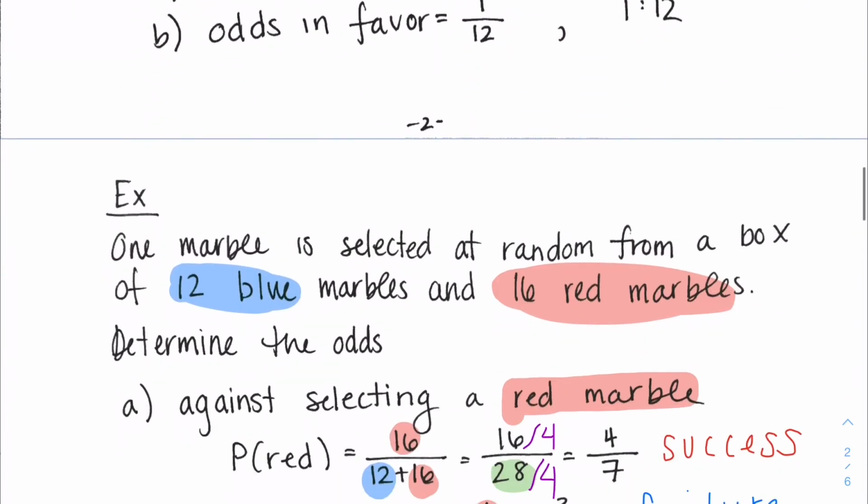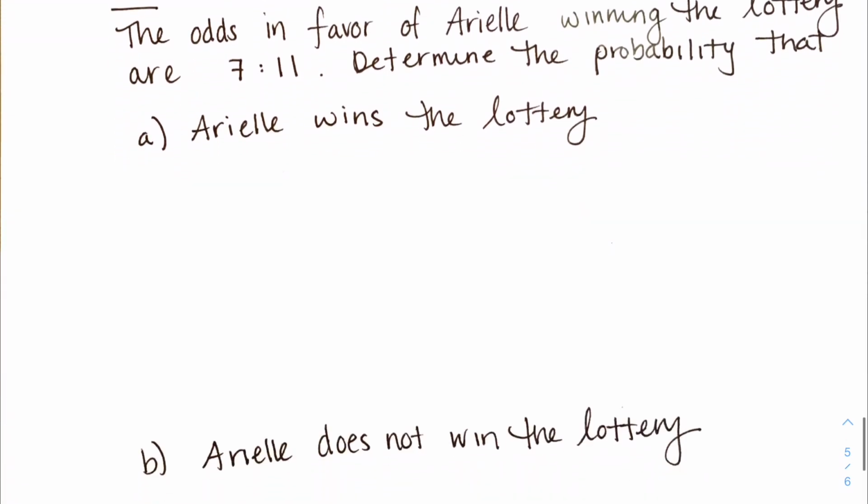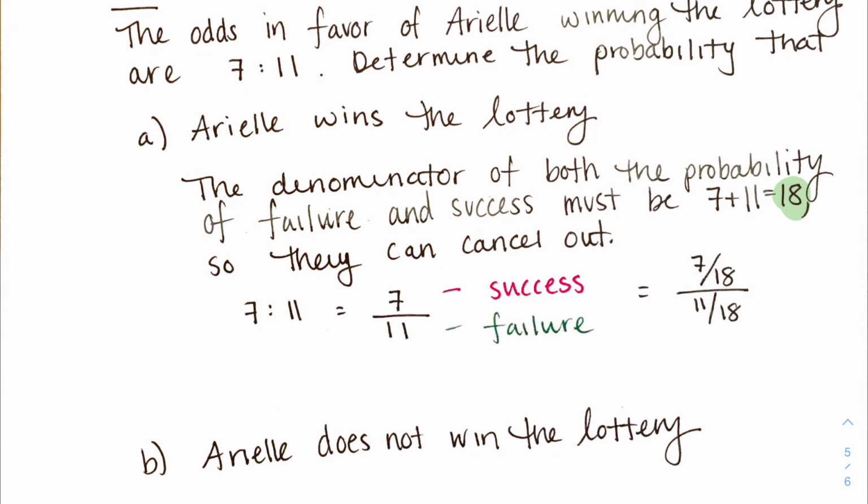So this 7 to 11 better represent our entire population. So the denominator of both the probability of success and failure must be the sum of these two. So this way they're able to cancel out. So our denominator in this probability has to be 18. The 7 to 11 tells us that it was 7 divided by 11.